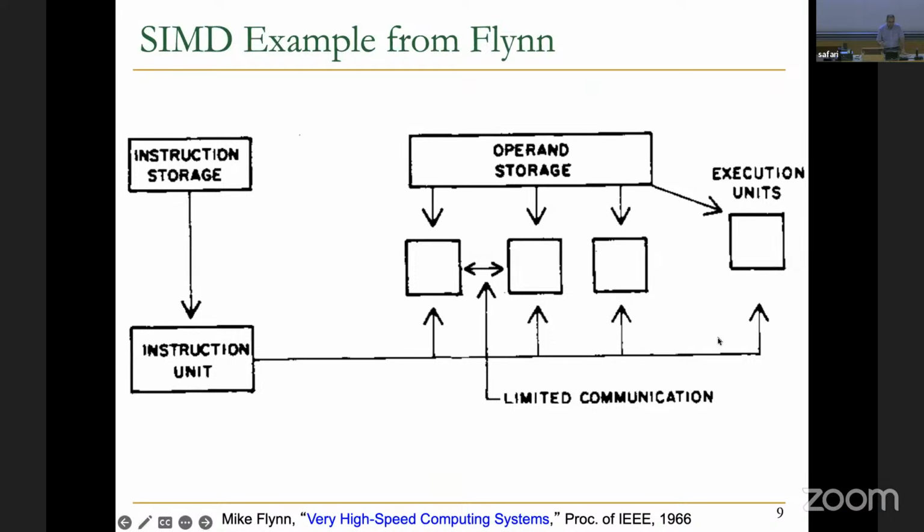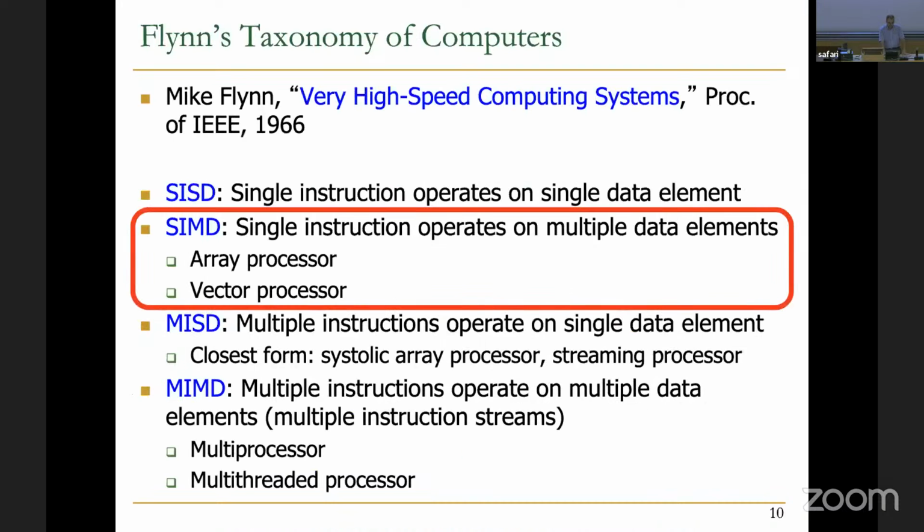So this kind of architecture is a single instruction operating on multiple data. And that multiple can be quite large, like millions of data elements. We're going to learn about this SIMD architecture in more detail.